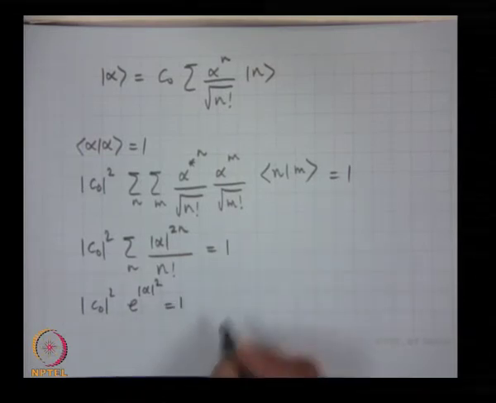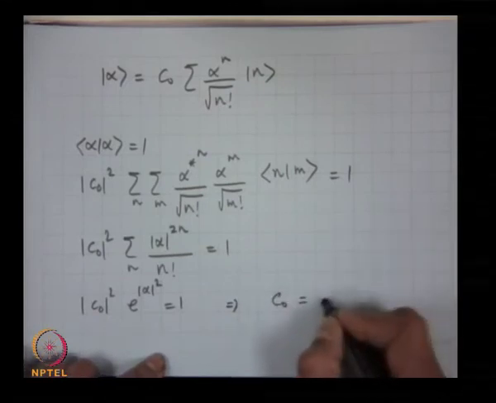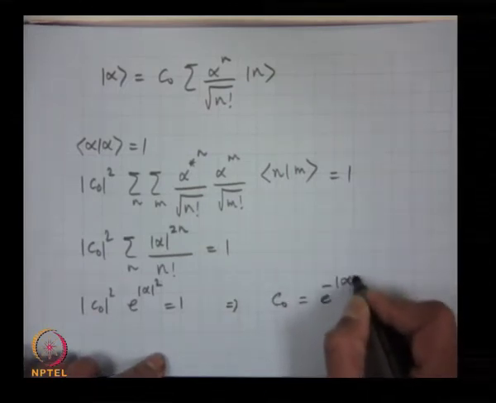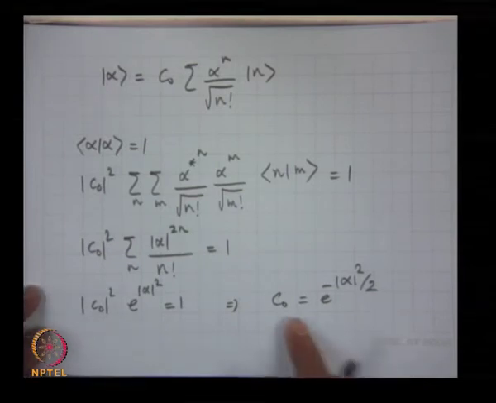So this implies, apart from a phase factor, C0 is equal to exponential minus mod alpha square by 2. I can always have another phase factor sitting here. So that is the value for C0.